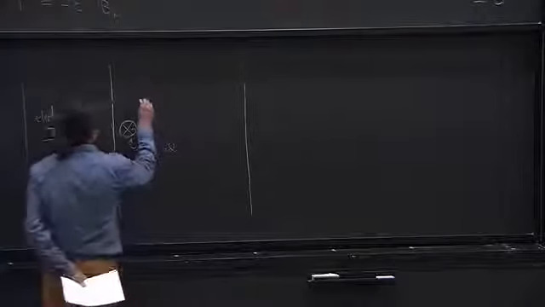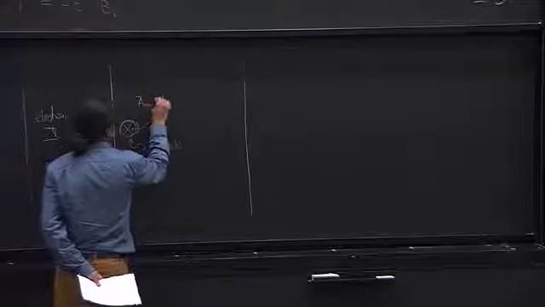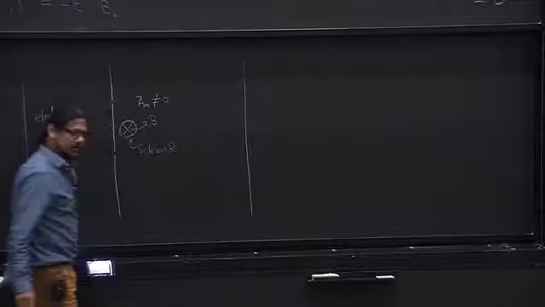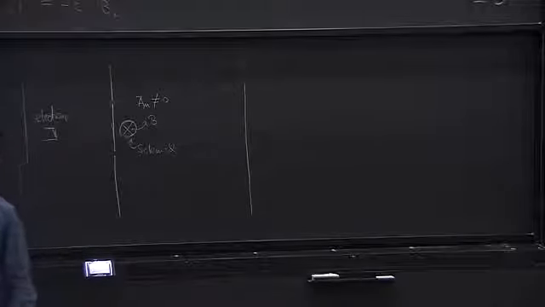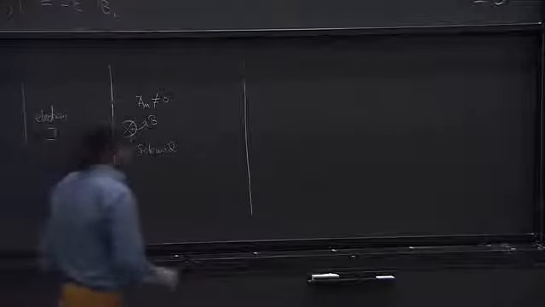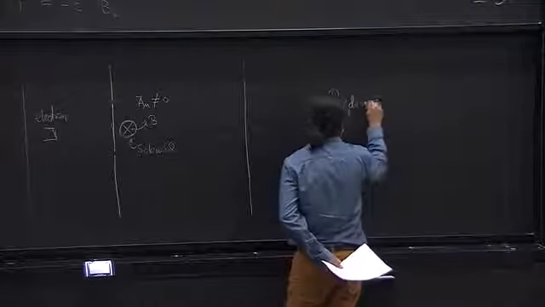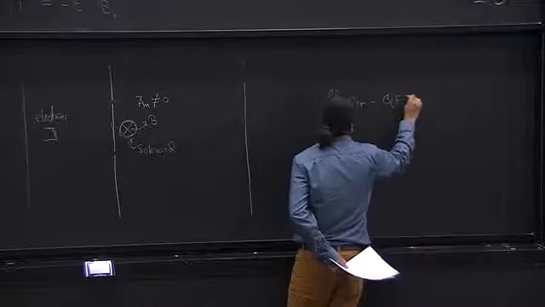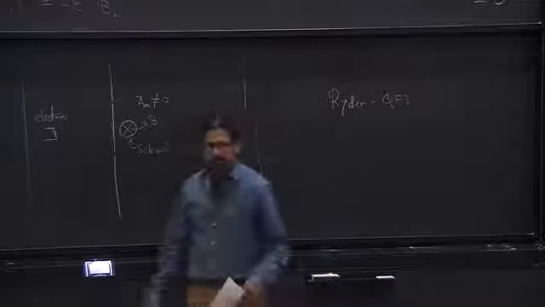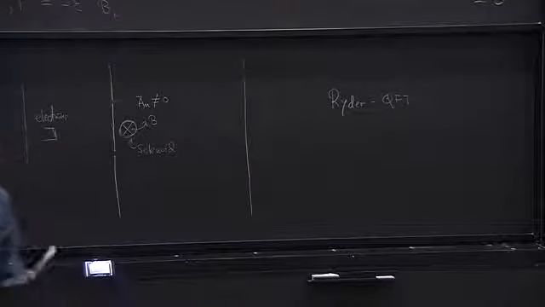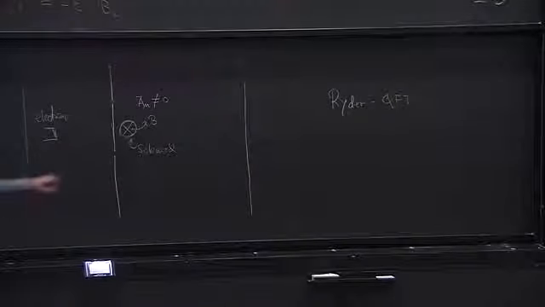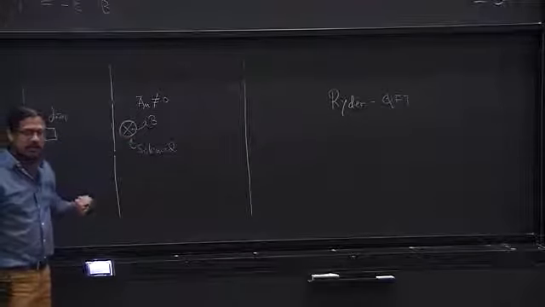However, mathematically, the gauge potential A_mu is non-zero outside. If you want more details on this, I recommend Ryder's quantum field theory book. It has a really nice discussion and gives you all the detail of what the form of A_mu is.